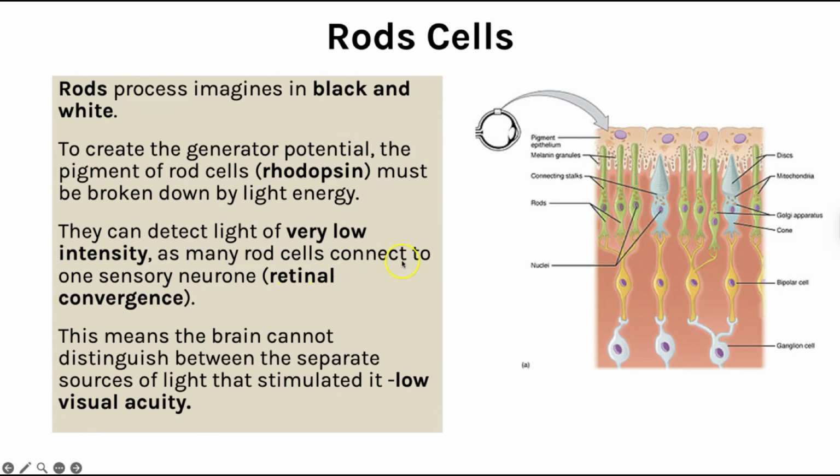This means that collectively they are able to trigger that action potential, but because you have got multiple rod cells feeding to one bipolar cell, it means the brain cannot distinguish between the separate sources of where that light energy came from. So that's known as low visual acuity, which means you don't have that sharp, clear, crisp vision.